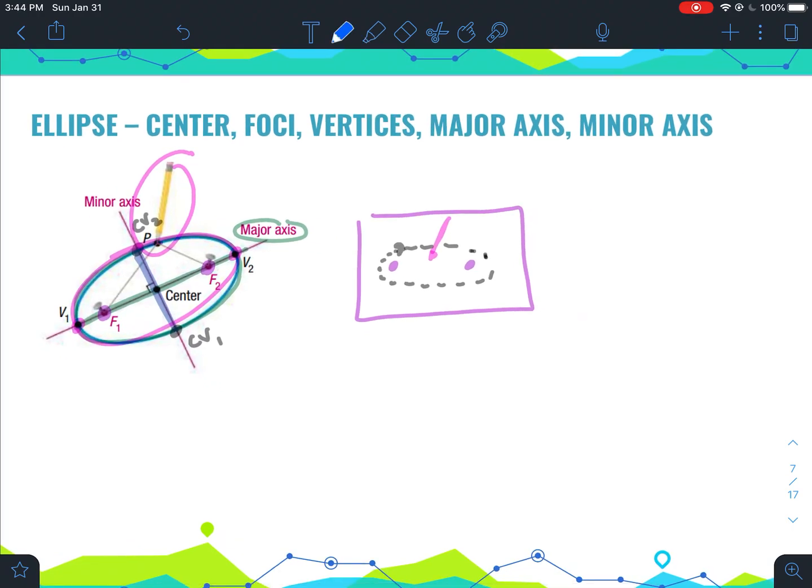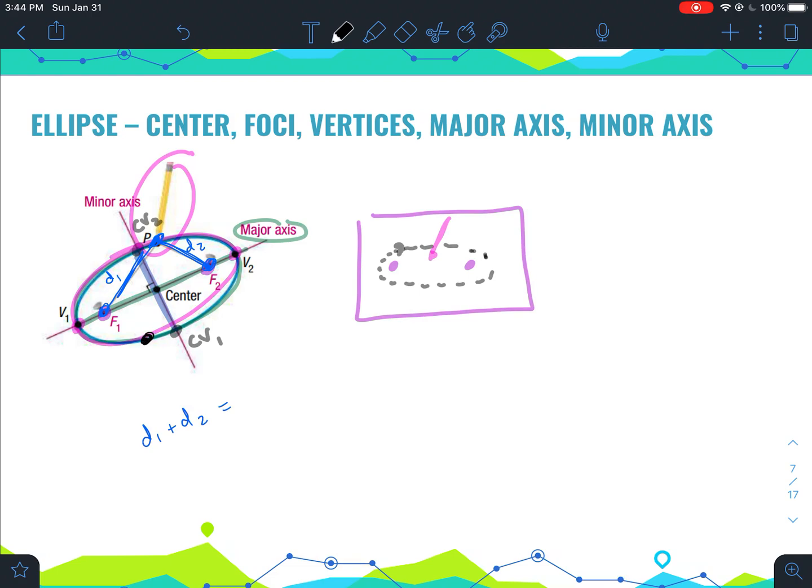What's going to be true about the foci is if you took the distance from one of the foci to a point on the ellipse, and then found the distance from the other focus to that same point, let's call them distance 1 and distance 2. If you add up distance 1 and distance 2, that sum is going to be the same no matter what point you pick on the ellipse.